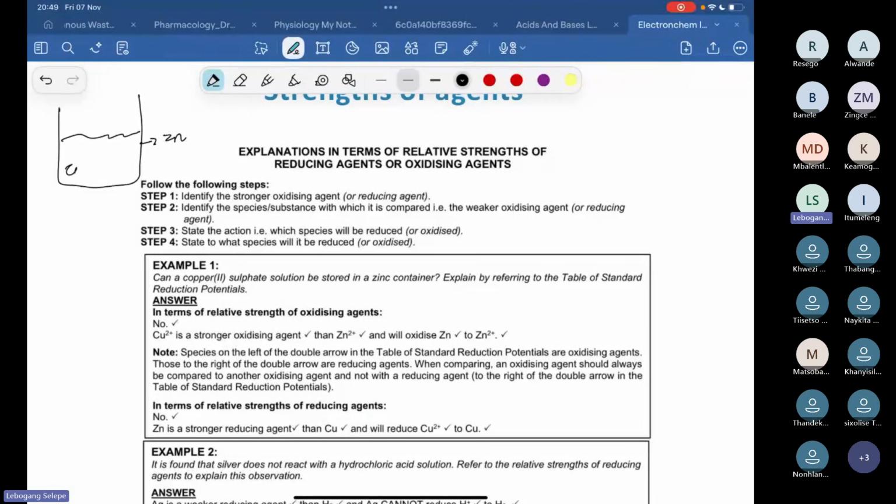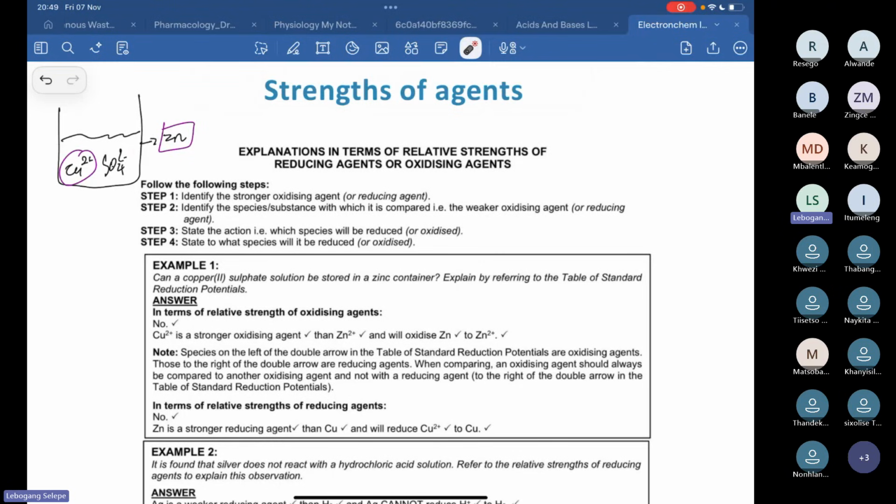But remember, CuSO4 is a solution, so it will dissociate. So we have many Cu2 plus and SO4 2 minus ions in here. The substances that would potentially react with one another are Zn and Cu. They're just asking us, can Zn donate its electrons to Cu?